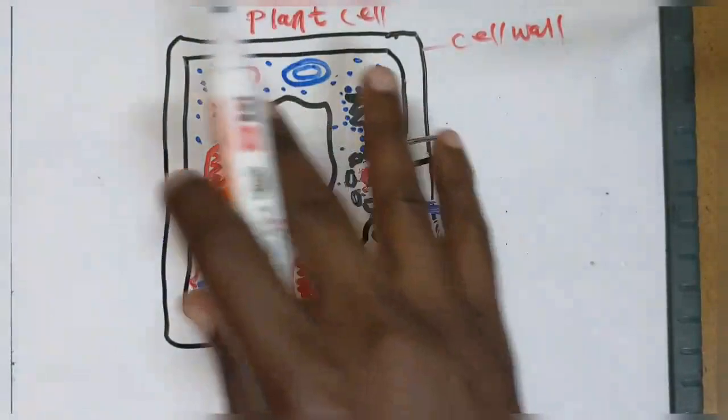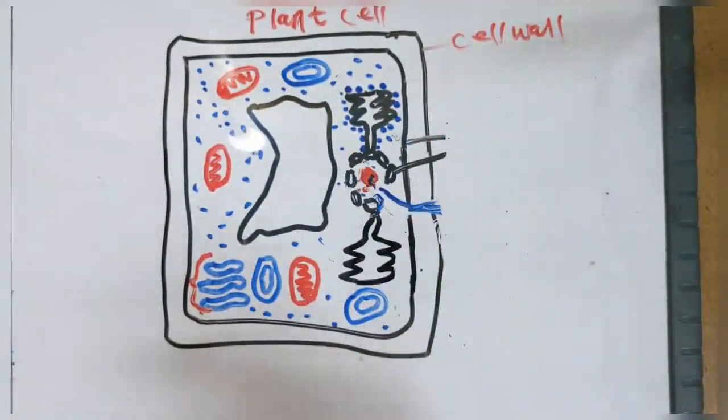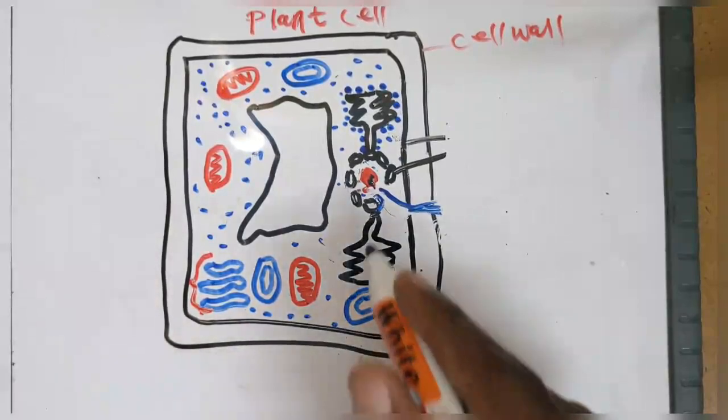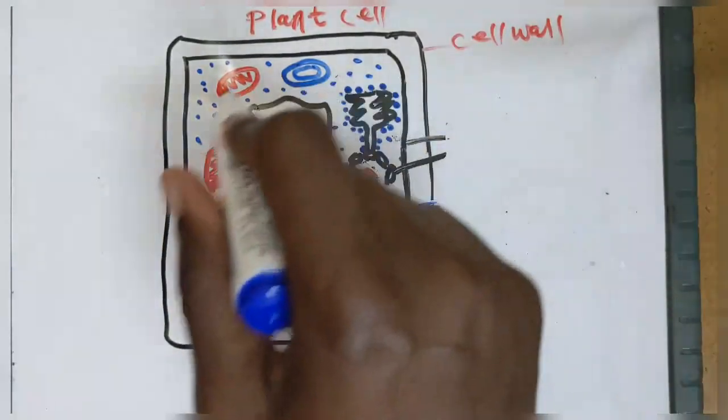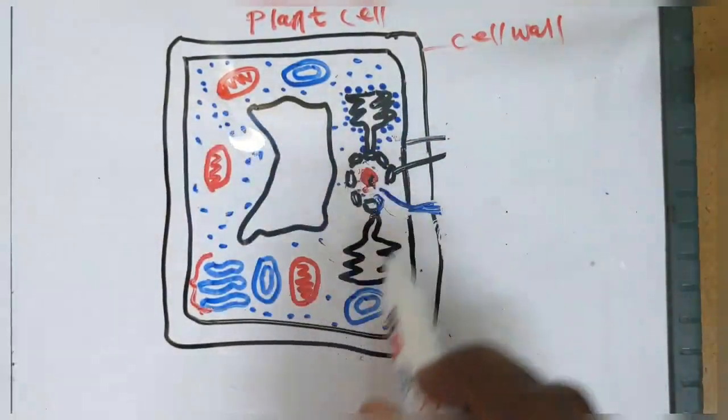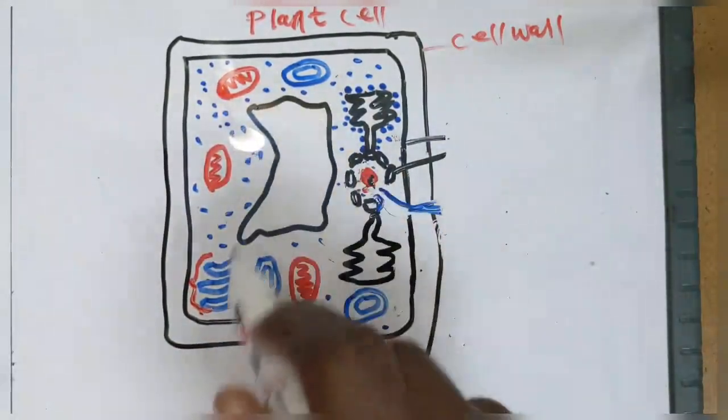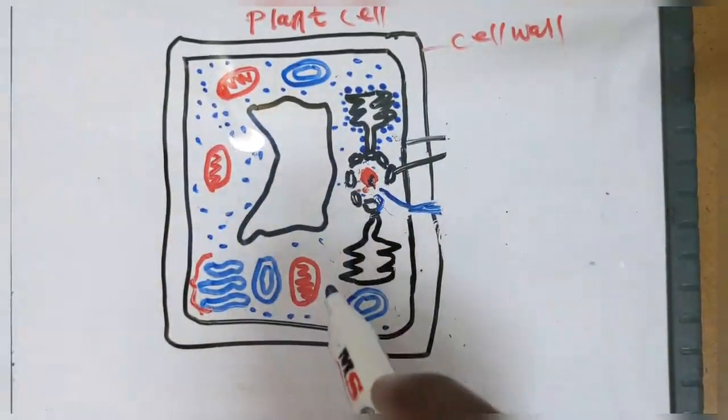It actually gives the cell a shape. When you put some water in a plastic, it gives the plastic a shape. So that is what cytoplasm does. It gives the shape and also protects the inside parts of the cell.